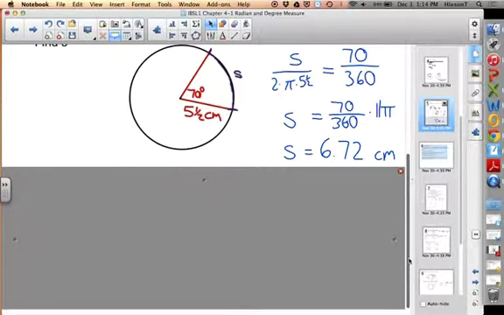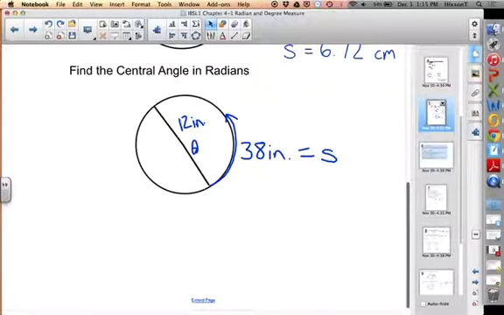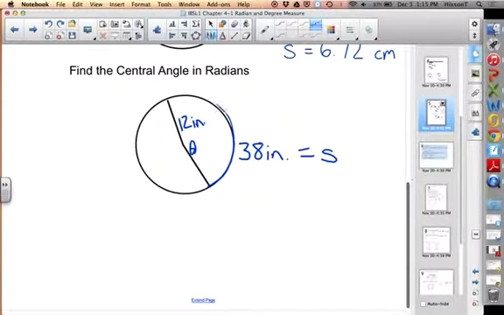For example, here we have a central angle theta, and I want the arc to be 38 inches. What angle will give us an arc that's 38 inches long?